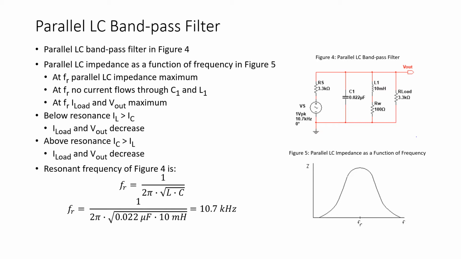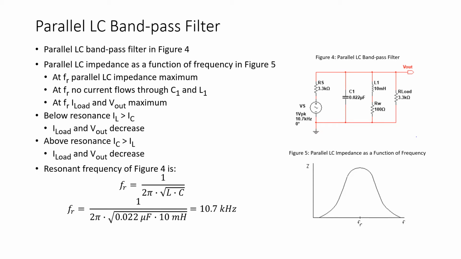This is because at resonance IC and IL are equal in magnitude yet 180 degrees apart, so these currents cancel. So at resonance, current does not flow through the capacitive or inductive branches; current only flows through the load resistor.